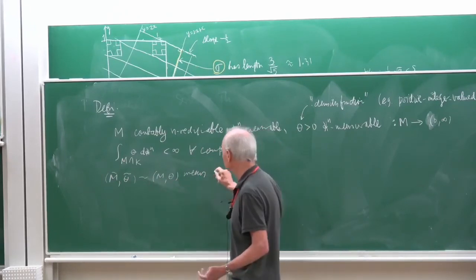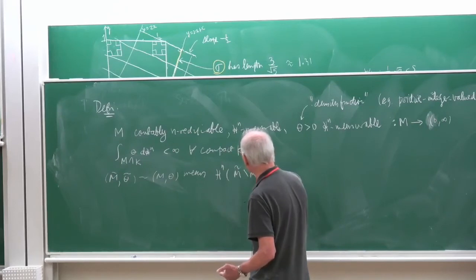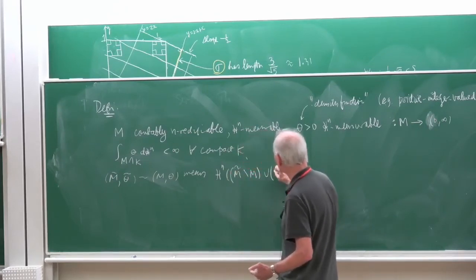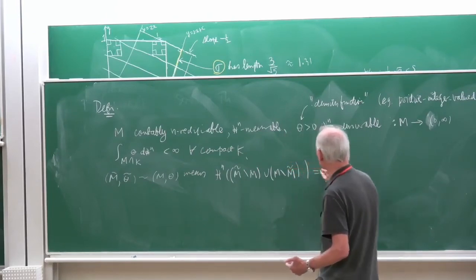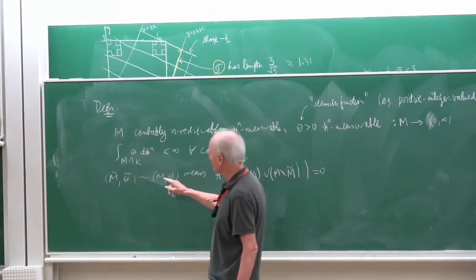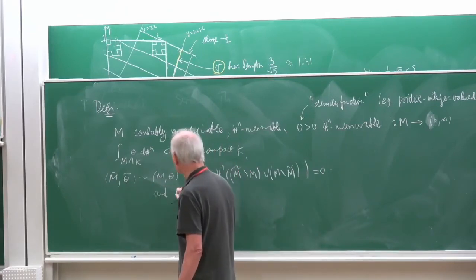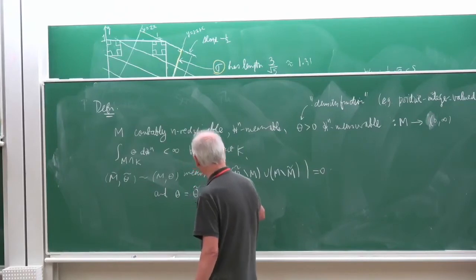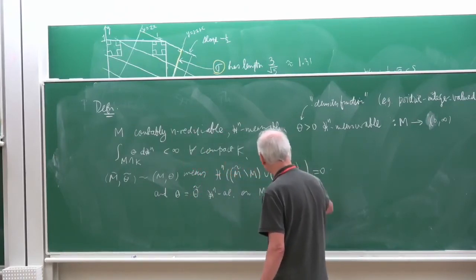So it means that H^n of (M tilde minus M) union (M minus M tilde) is equal to 0, and also theta equals theta tilde H^n almost everywhere on the common domain M intersect M tilde.